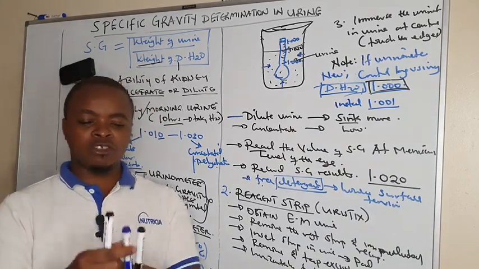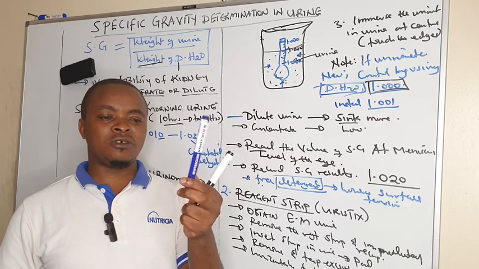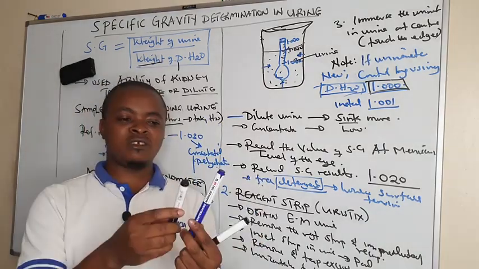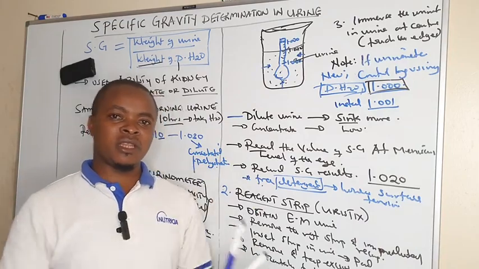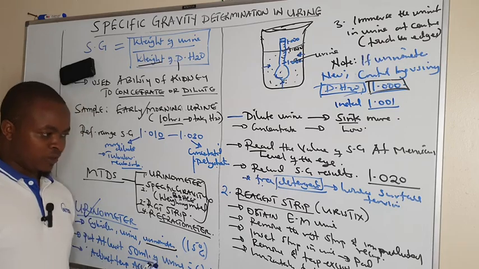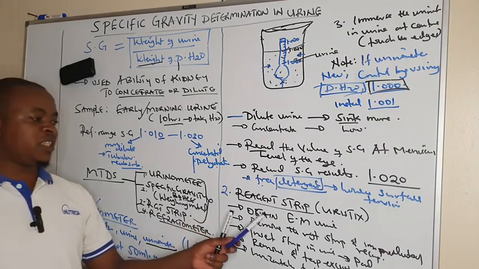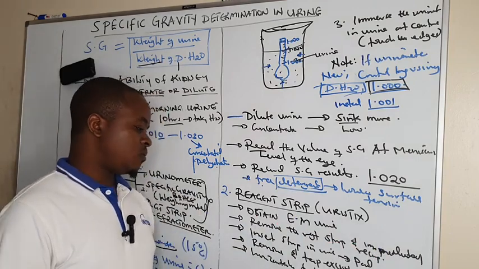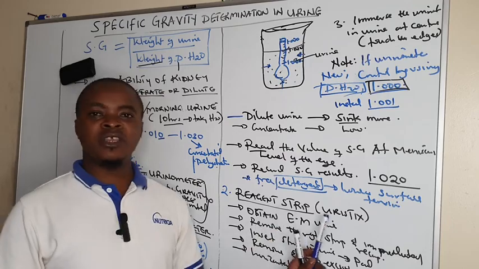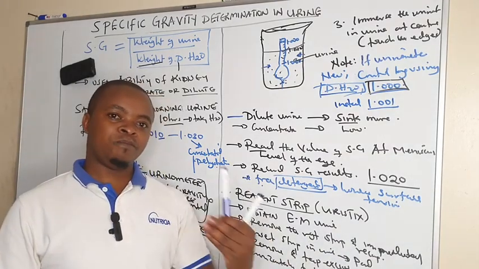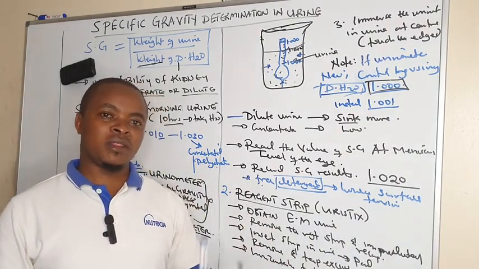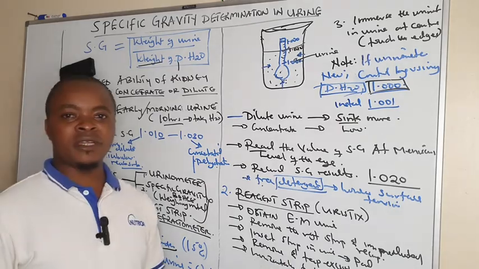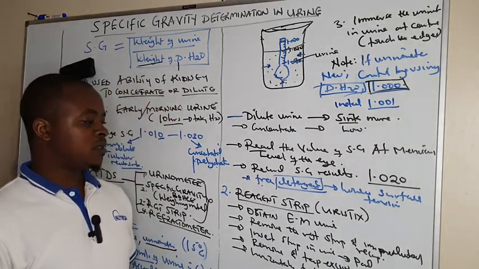After 1 minute of lying horizontally, you start comparing, then you read the specific gravity. This reagent strip method is commonly used in hospitals, whereby the bottle comes with a color standard chart so that after reading you can compare the results.